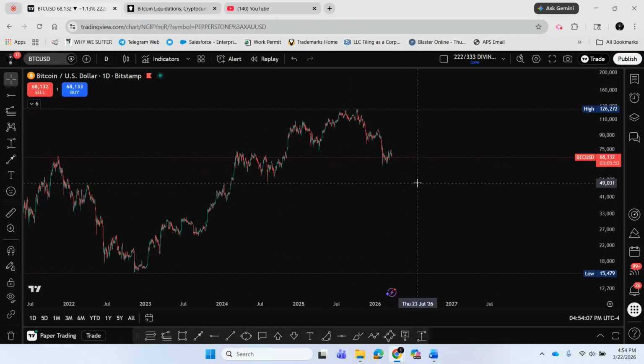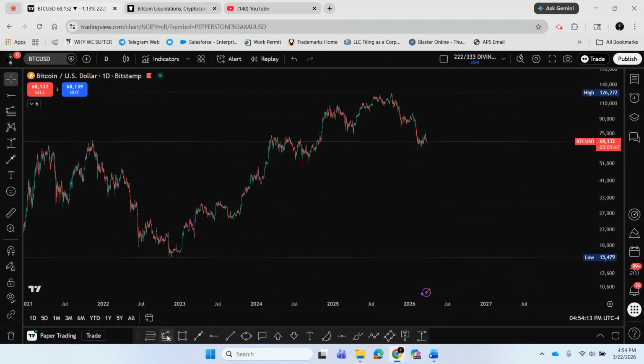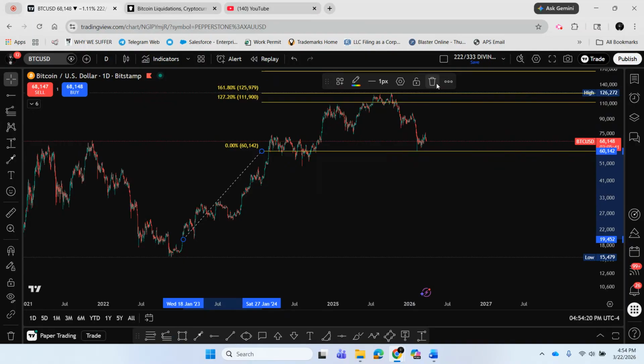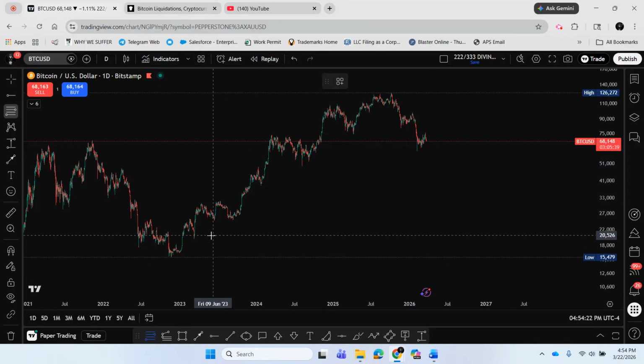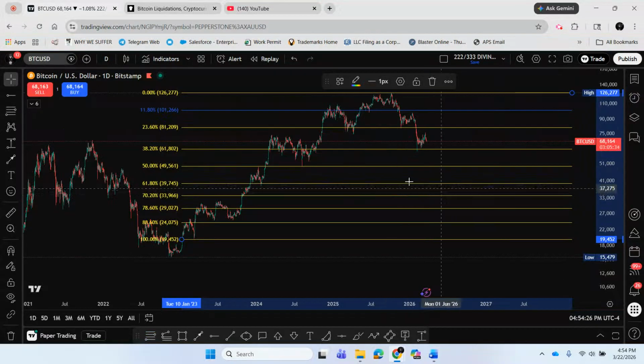Like I said, I do really feel that we will see Bitcoin probably come on down to these levels. I think we've got the 50% fib level where price will come down.